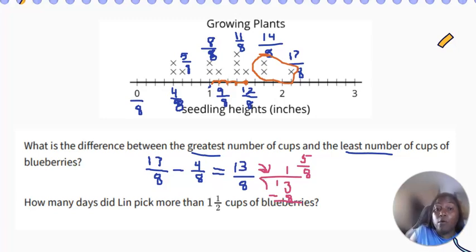It just says more than 1 1/2. That means it has to be greater than 1 1/2. So that would be 3. So she picked 3 more days.